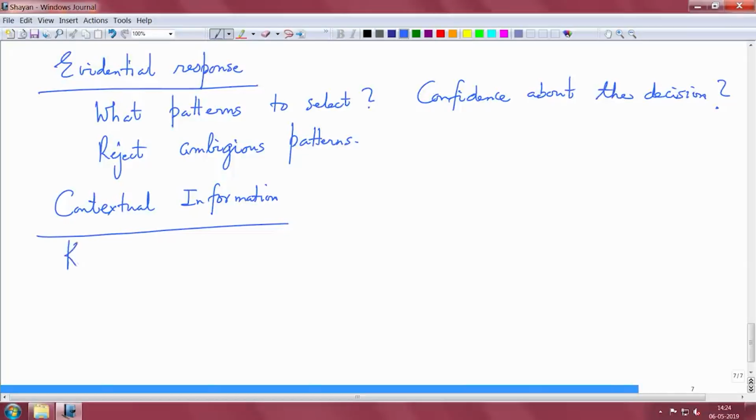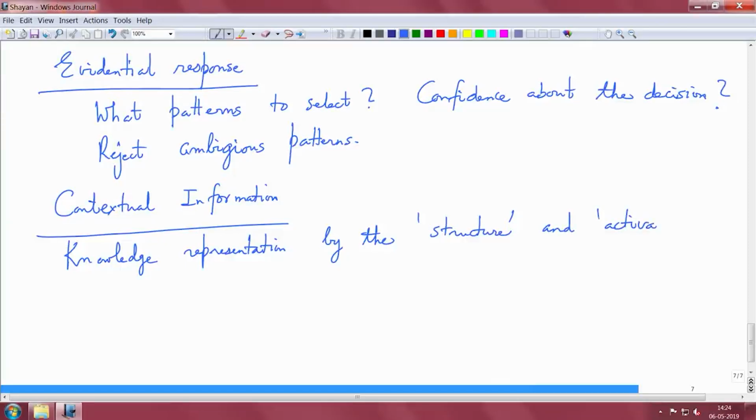And when you think about knowledge representation, this happens by the structure and activation of the neuron, right.